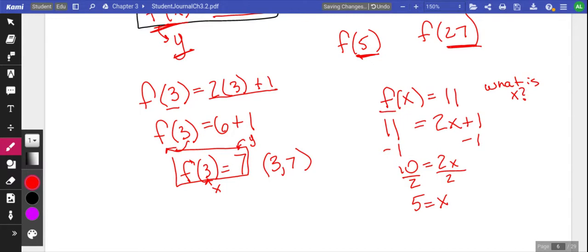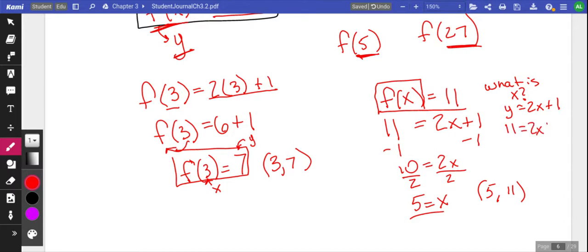So when f of x is 11, x is 5. 5, 11 is a solution to that function. Again, if this trips you up, if you want to think, y is equal to 11, instead of y equals 2x plus 1, 11 equals 2x plus 1.